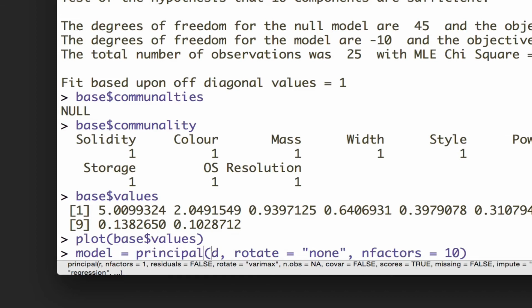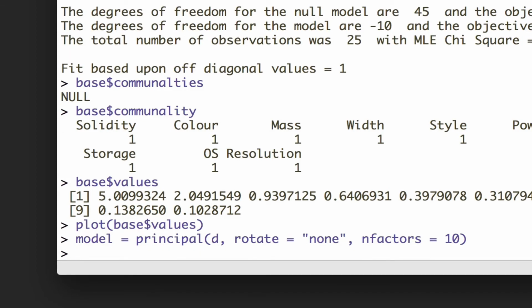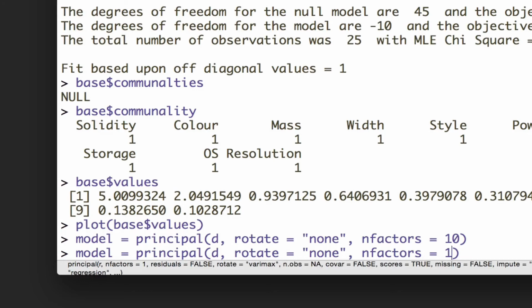And this time we've decided we want 2 factors, so I'm going to replace that with 2. We also want some rotation. Now, when these factors are represented in geometric space, what we want to do is make it so that one variable is really close to one factor, and the other variables that are part of the other factor are really close to that one.